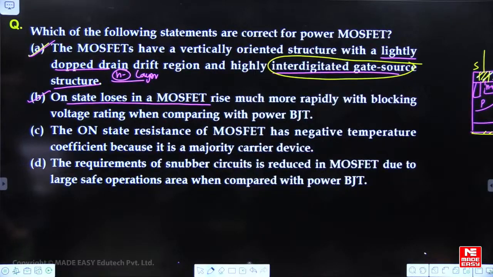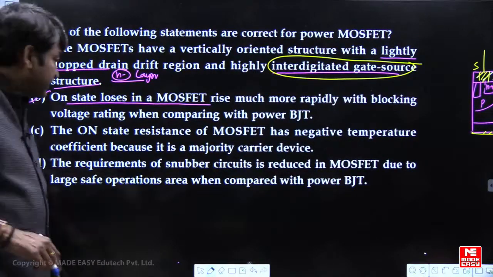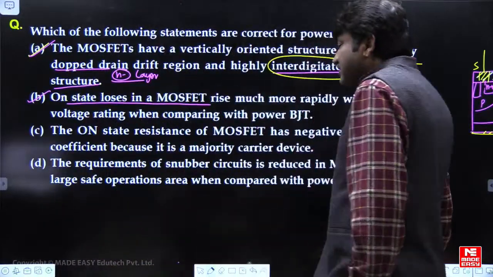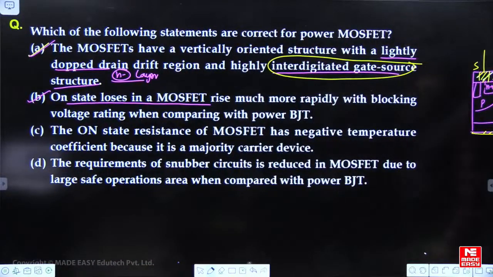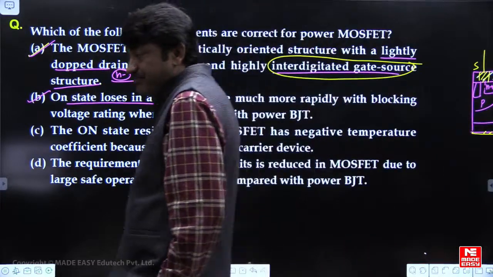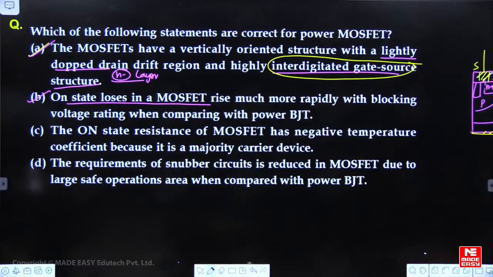The on-state resistance of MOSFET has negative temperature coefficient because it is a majority carrier device. Statement C, is it true or false?